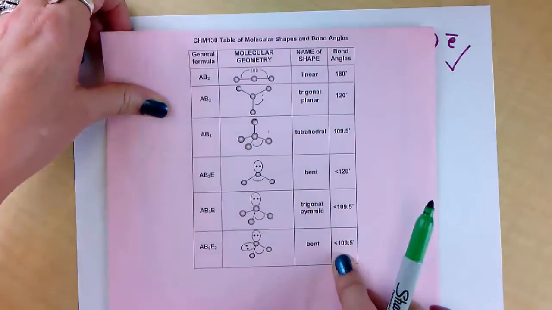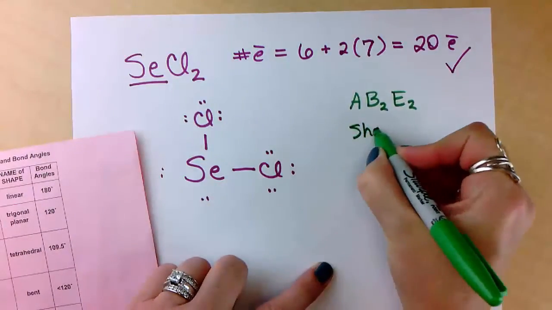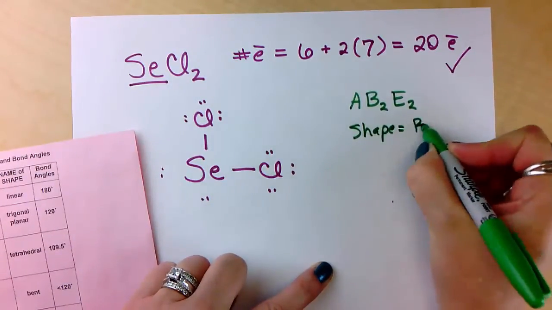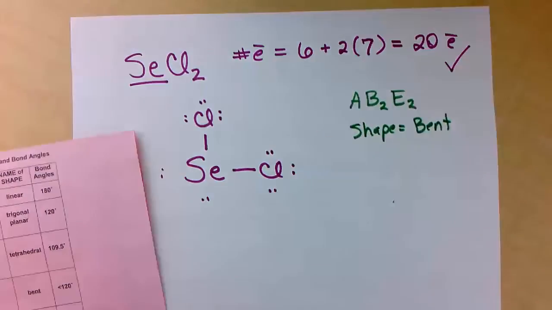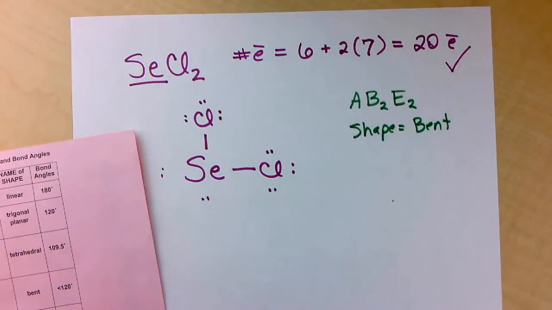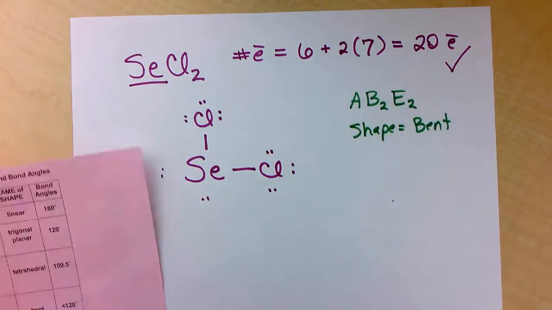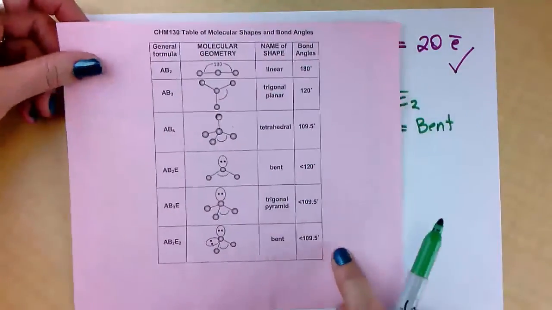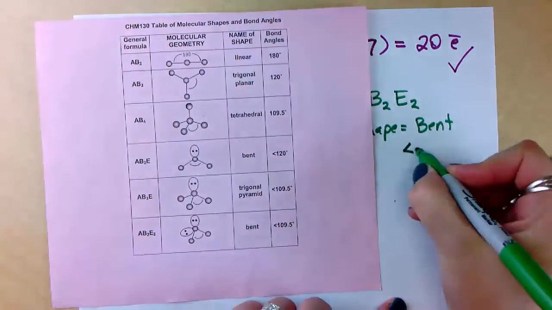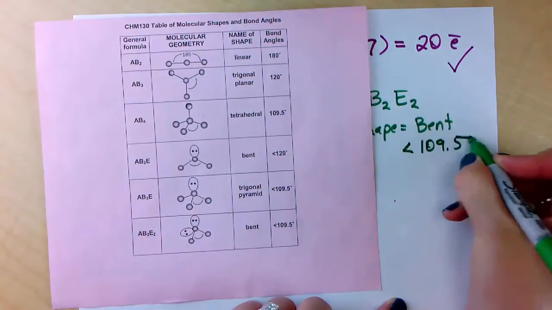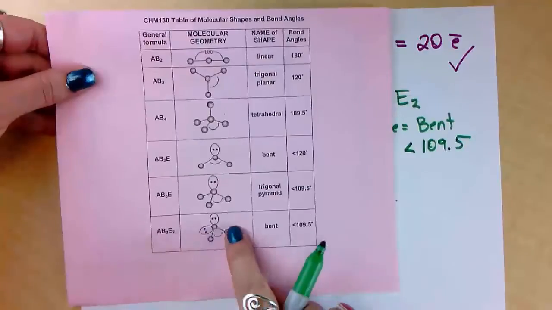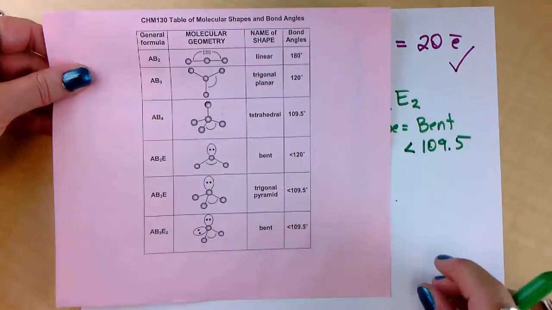And the bond angle is less than 109.5. So the shape equals the fancy name of bent. Where'd they get that anyway? That's some really scientific term, huh? Gee, it's not in a straight line. Oh, it's bent, duh. So, bent is the name of the shape. And again, the bond angle is less than 109.5. So we get all that information from our table.